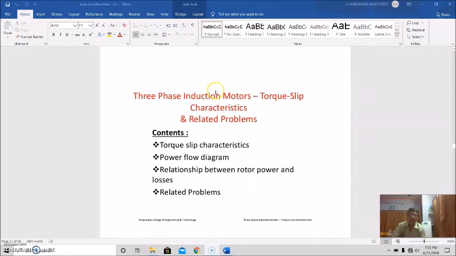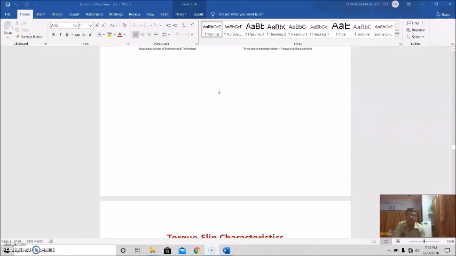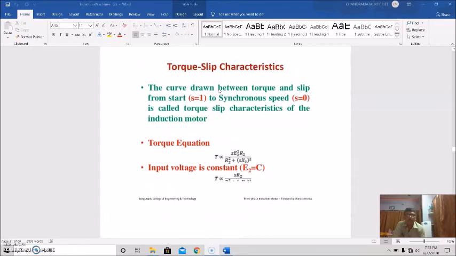With this we'll come to the discussion of the torque slip characteristics.